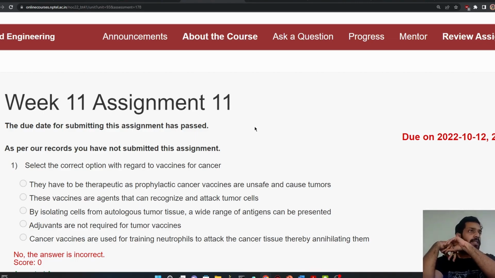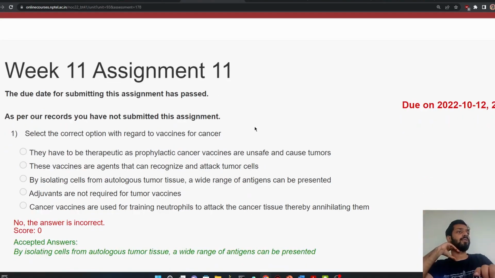Adjuvants are not required for tumor vaccines is not true. Any vaccine requires adjuvants to improve its efficacy. Cancer vaccines are used for training neutrophils to attack the cancer tissue, thereby annihilating them. Partly true, but cancer vaccines can also activate macrophages, B cells, and T cells, mostly B cells and T cells to form memory, right? So it seems to be the case that only option C is the correct answer.